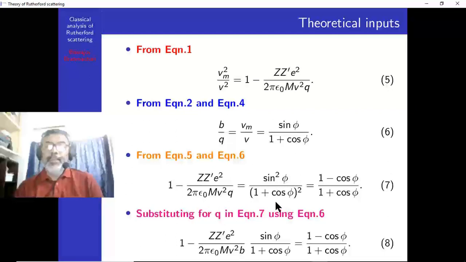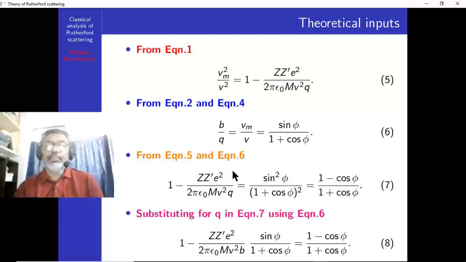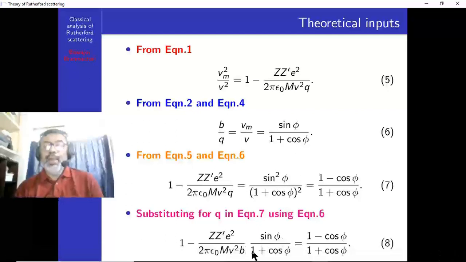Then let us substitute the value of q here in terms of b. Then we get 1 minus ZZ prime e square by 2 pi epsilon naught mv square multiplied by sine phi by b into 1 plus cos phi. That is 1 by q is substituted in terms of 1 by b. Right hand side is 1 minus cos phi by 1 plus cos phi.